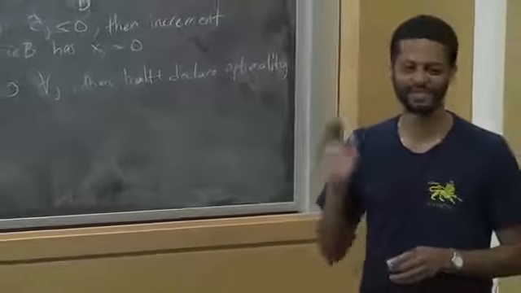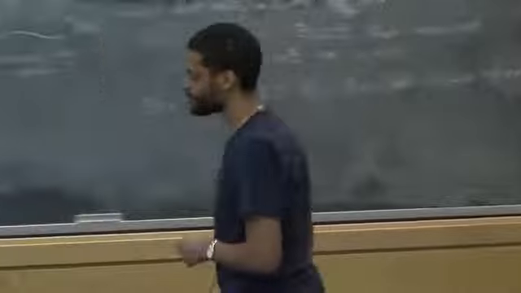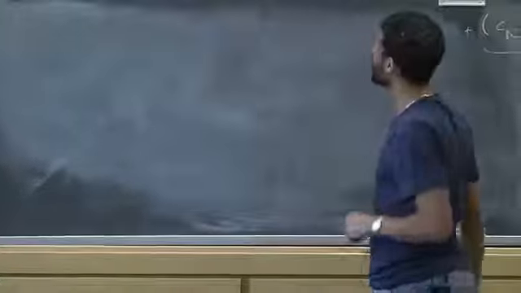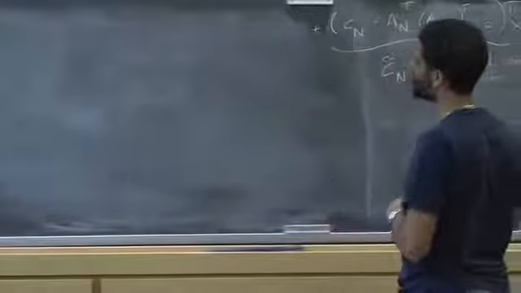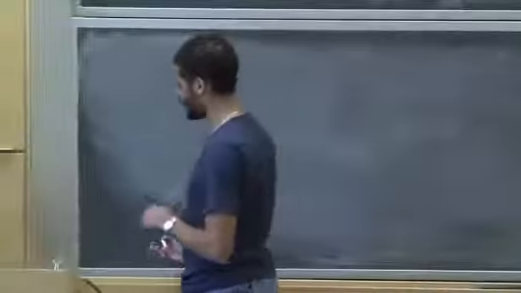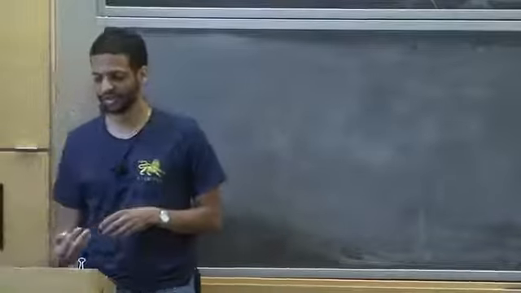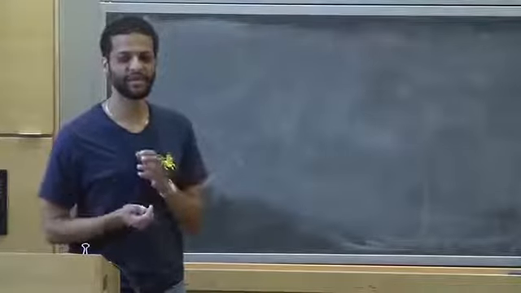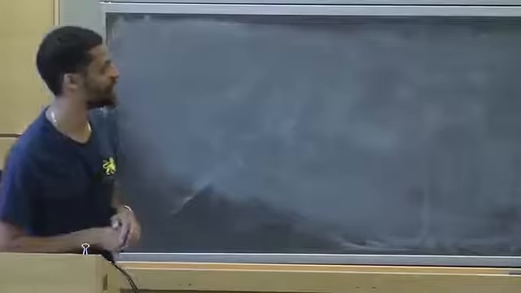Okay. Good. So strong duality. There are a couple of ways of proving strong duality. One is non-algorithmic, and the other is to sort of get it out of the simplex algorithm.